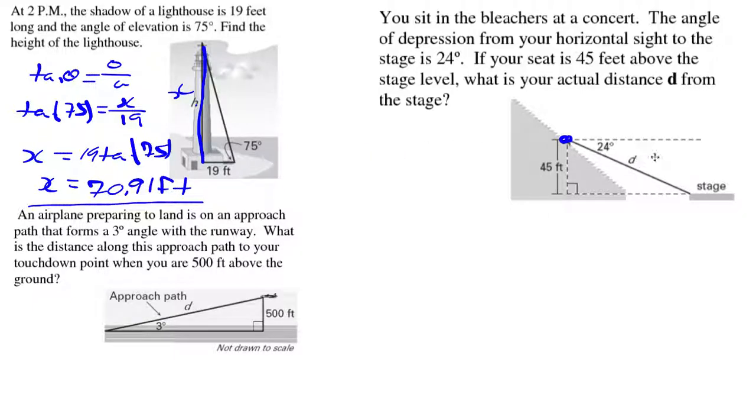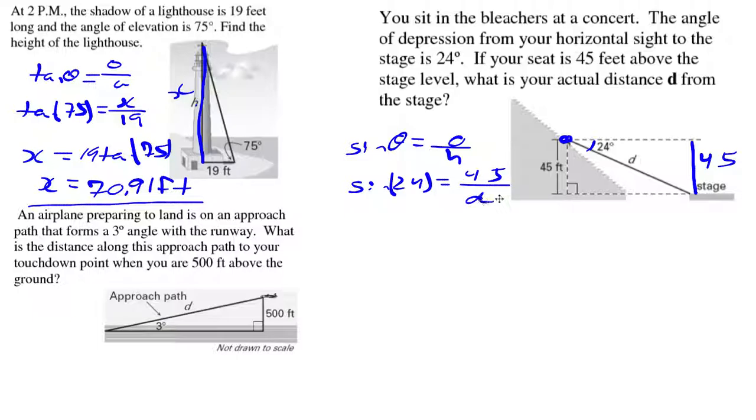Well, I'm looking for the hypotenuse, so it might help if I say this is 45 feet. That makes it the opposite side. So that is a sine function. So I get the sine of 24 is equal to the opposite side, which is 45, over the hypotenuse, which in this case is d.